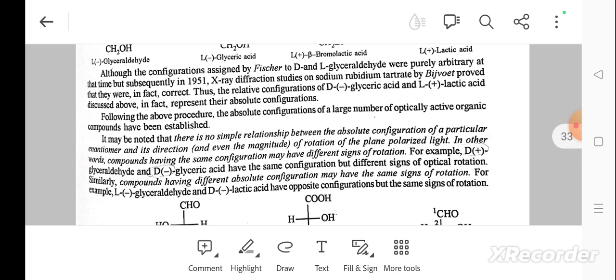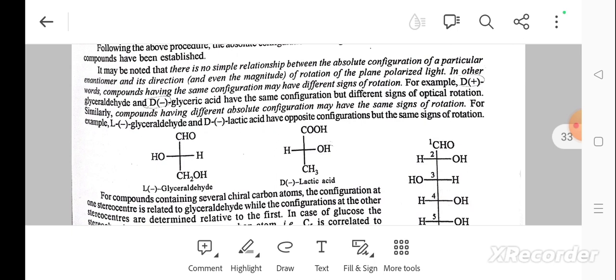It may be noted that there is no simple relation between the absolute configuration of a particular enantiomer and its direction of rotation of plane polarized light. In other words, compounds having the same configuration may have different signs of rotation.